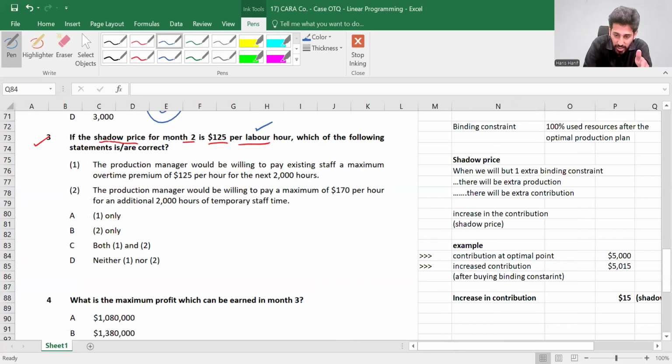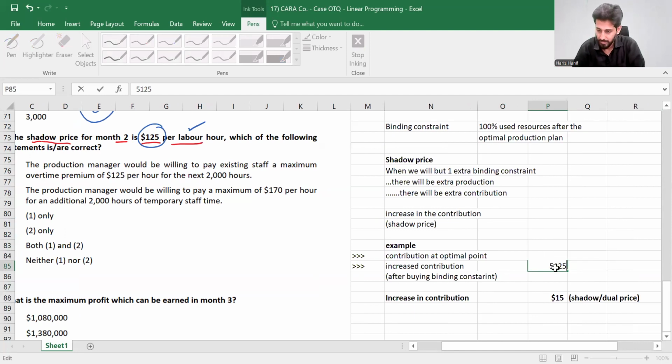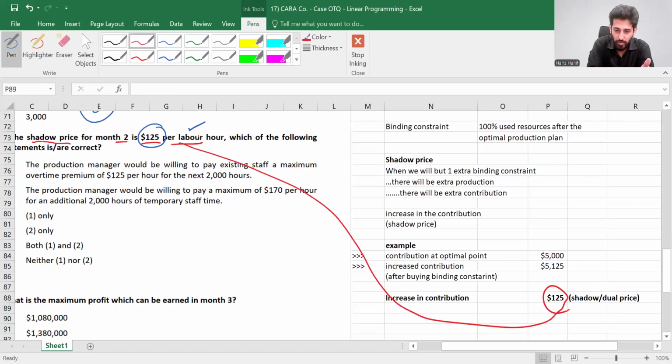So if the shadow price is 125, okay, now let's make it 125 so that it will be easy to explain. Let's say this is 125 and connected with this scenario. So this is called 125 per labor hour.